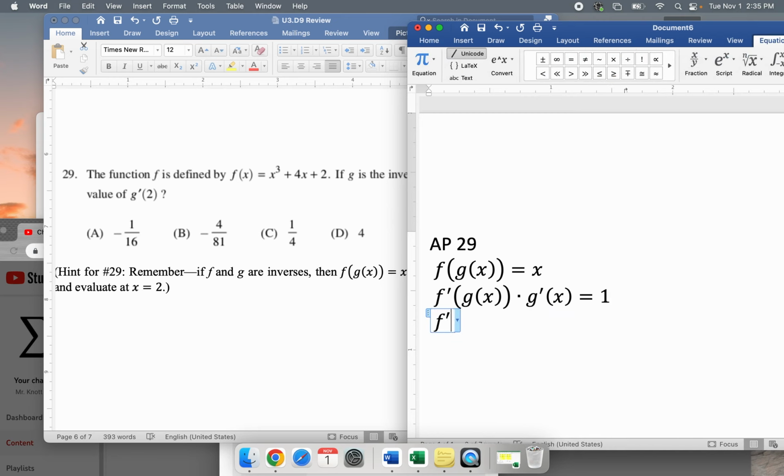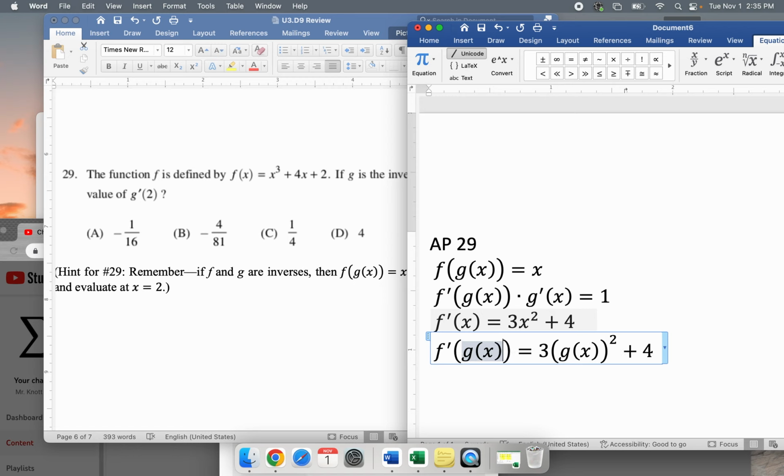Because I've got a formula for f. f prime of x is going to be 3x squared plus 4, which means that f prime of g of x is equal to 3 times g of x quantity squared plus 4. There we go. So there's f prime of g of x.